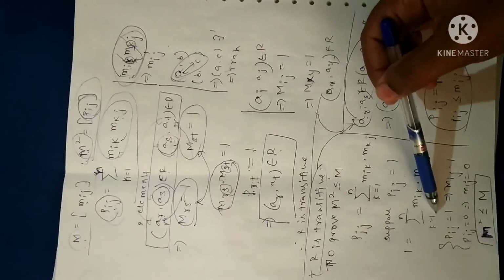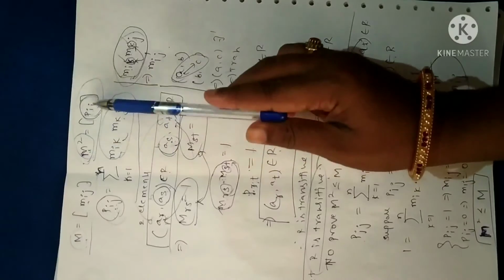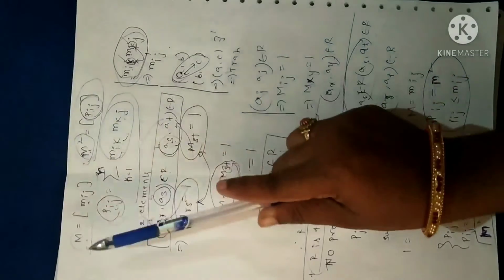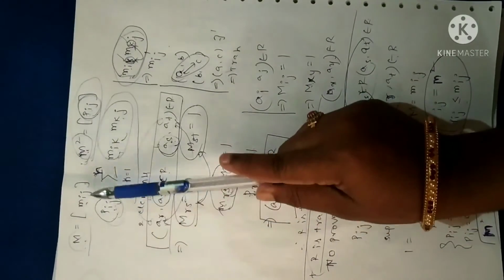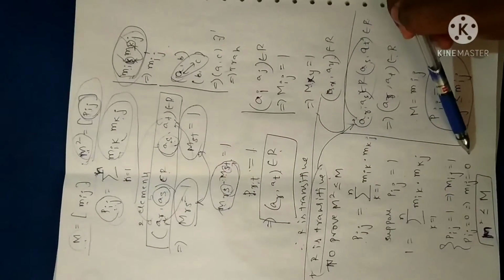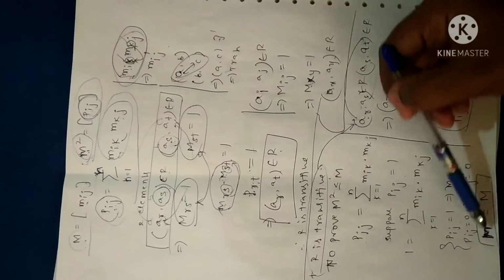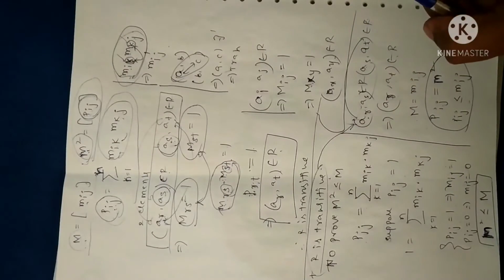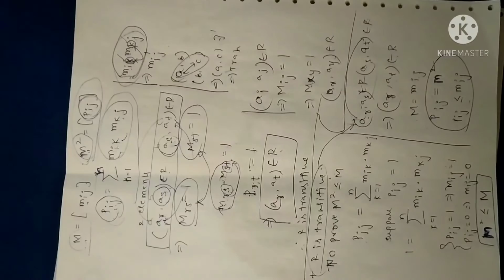If it is equal to 1, as per the definition of M square, Mij should be equal to 1. If Pij is 0, then Mij should be equal to 0. So strictly M square is less than or equal to M. Hope it is clear.